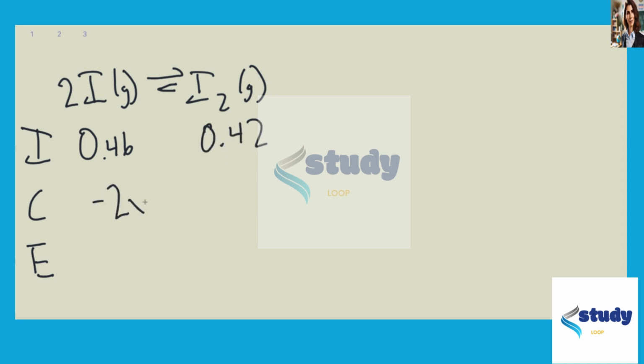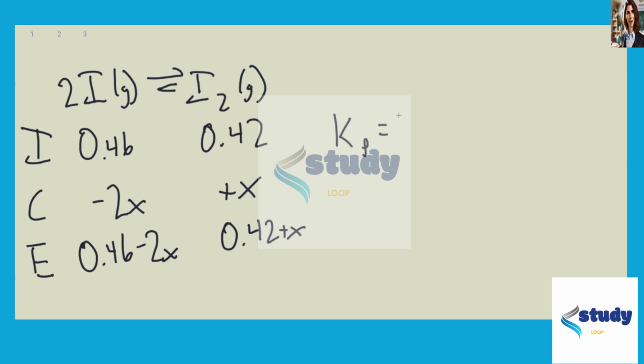And then here we have minus 2x, and here we have plus x because of the reaction coefficients. And so we have 0.46 minus 2x and 0.42 plus x as our new equilibrium pressures. And so now we can set up our Kp equation, since we know our Kp equals 3.9698.